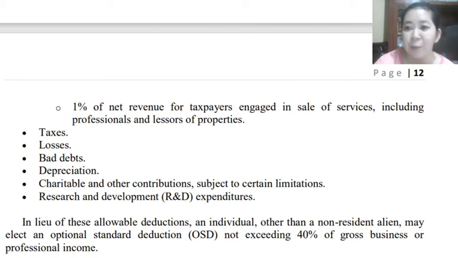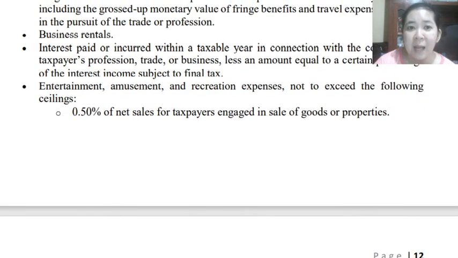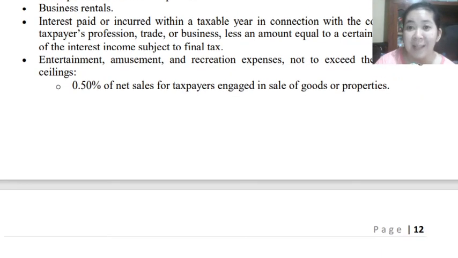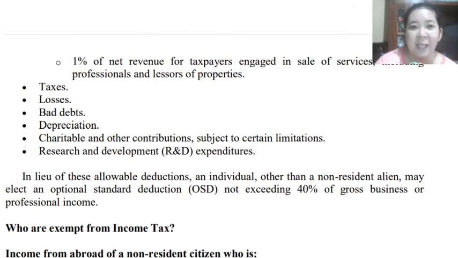So this is the amount of amusement, entertainment, and recreational expenses that are allowed for them as a deduction. Then their taxes, losses, bad debts, depreciation, and charitable contributions, but this is subject to certain limitations, however, can also be deducted from their gross income.